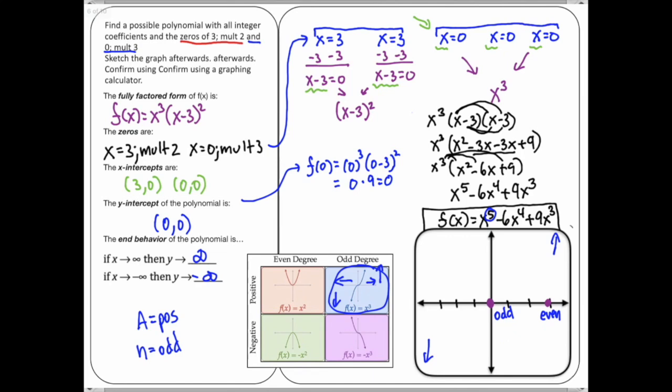I'm going to say that it's going to come up and do one of these, and then come back down and do one of those. So that way, again, we have the odd multiplicity that does that little squiggly through there. And then we have this even one where it is going to bounce off the x-axis.